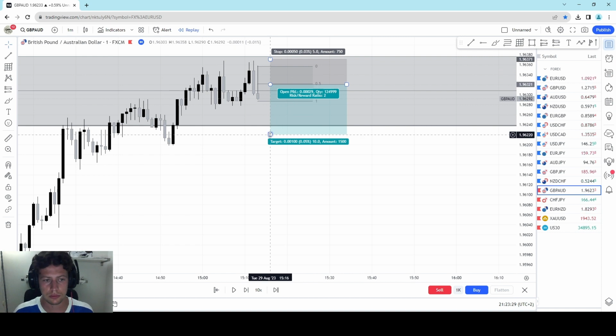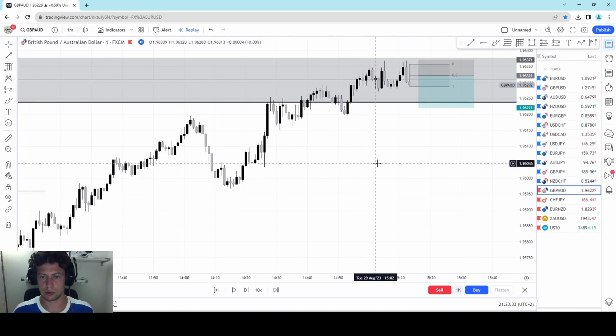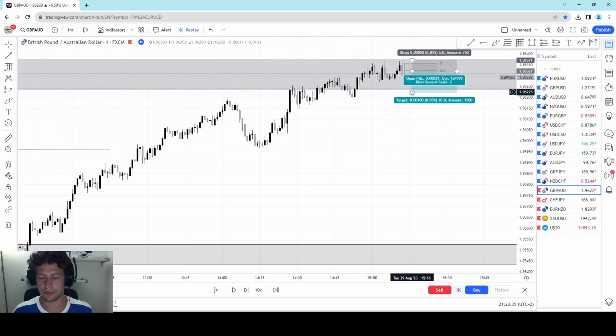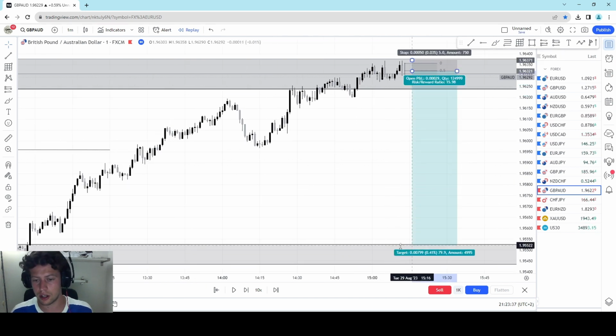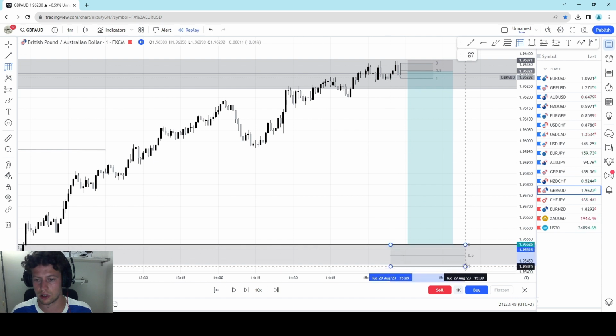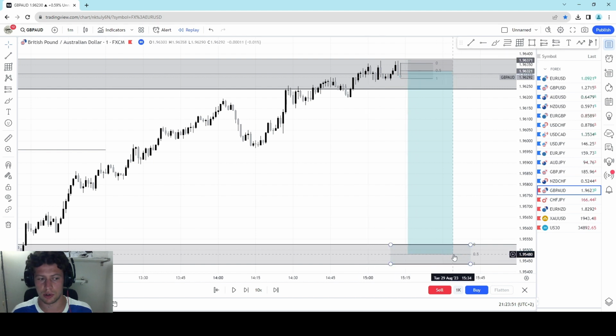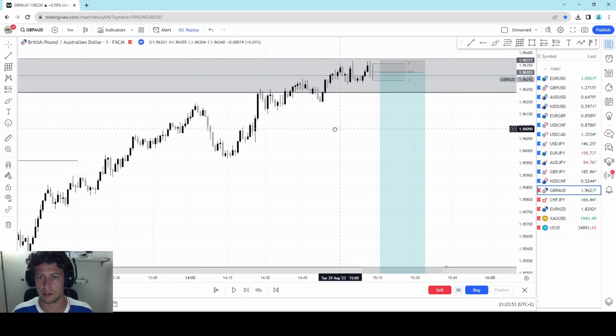So where to put the target? We have a target here, at the next demand zone. Also we can drag another Gann box, put it like here and drag it to 50%. So we have this.